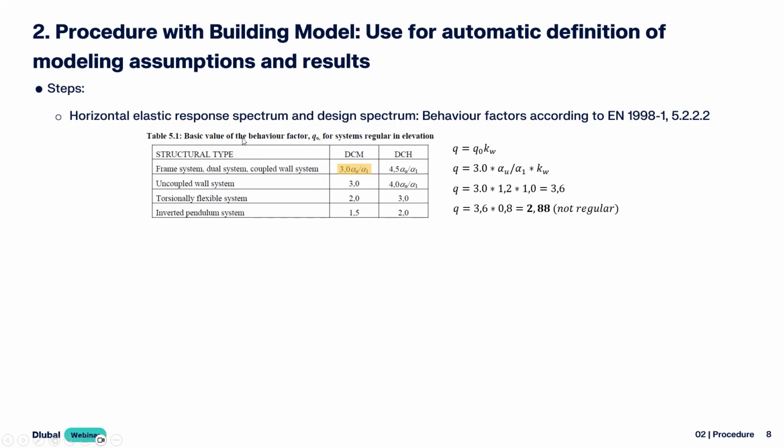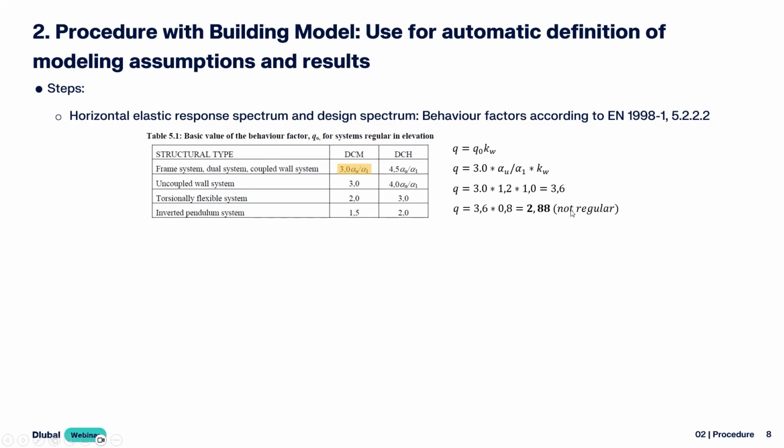And as we see here in the title, it's for systems that are regular in elevation. So I can calculate the first or the basic value of the behavior factor, and after that I have to check for irregularities. In this case, the building is irregular. As I say, I recommend that you check out the section in detail after the presentation, but here is a definition.